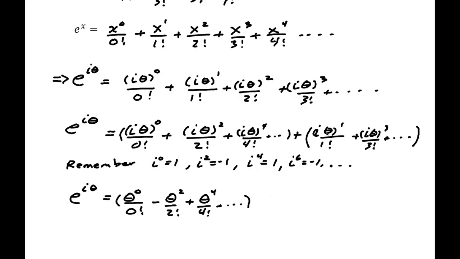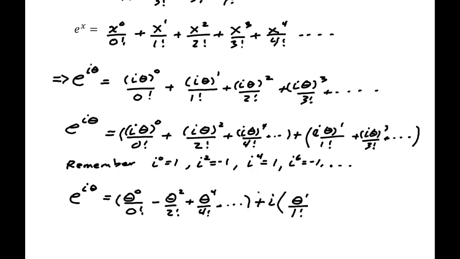With the odd terms, I'm going to factor out an i. So if I take an i out here, then I have theta to the 1, there's no i, I've already pulled the i out, over 1 factorial. I had i cubed.